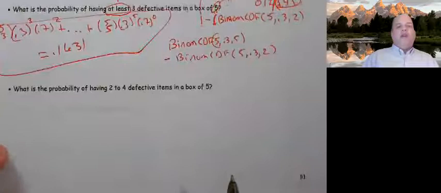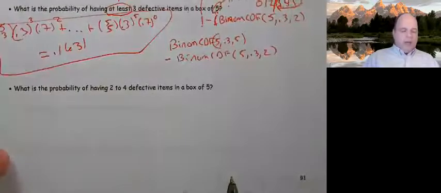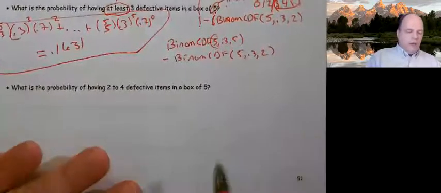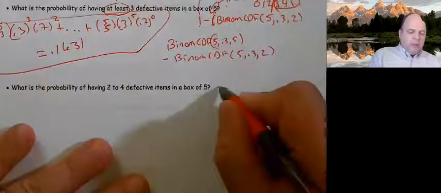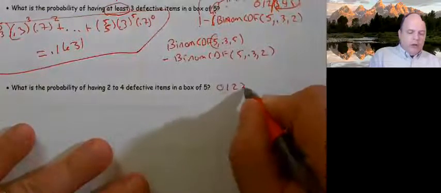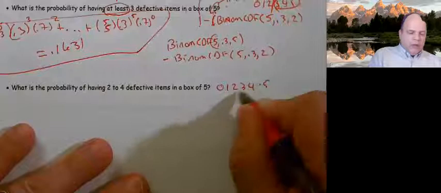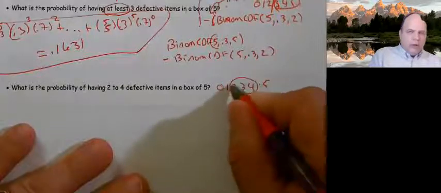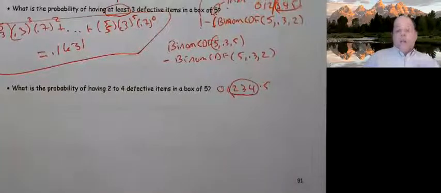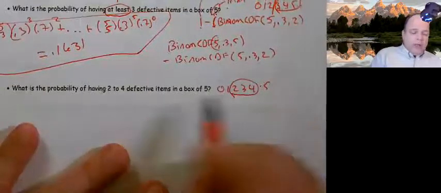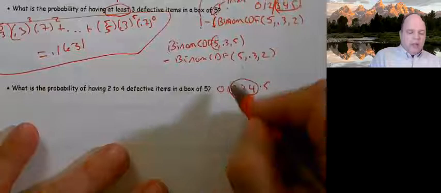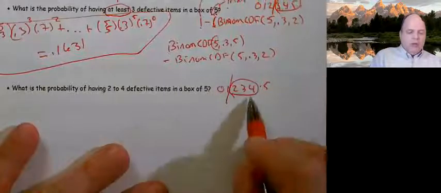What's the probability of having 2 to 4 defective items in a box? Okay, 2 to 4 defective items. So I'm going to make my number line 0, 1, 2, 3, 4, 5. So 2 to 4 is that. Because I have multiple values, this means it's going to be a binomial CDF.